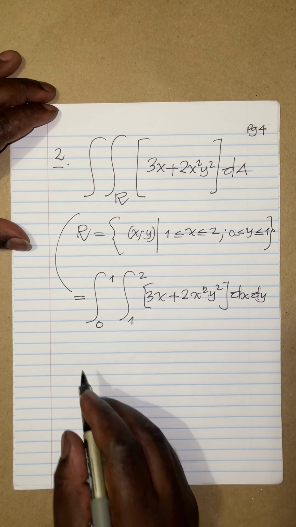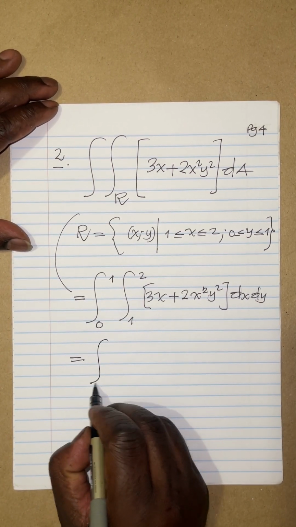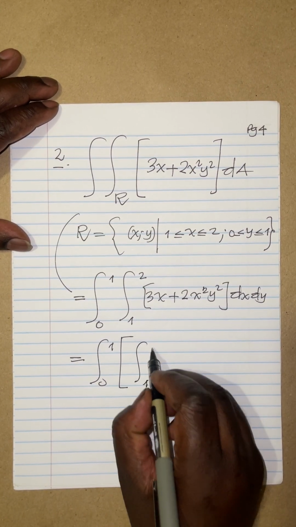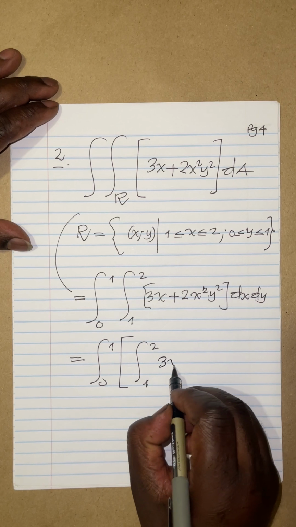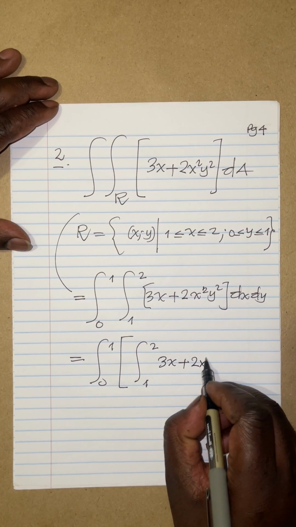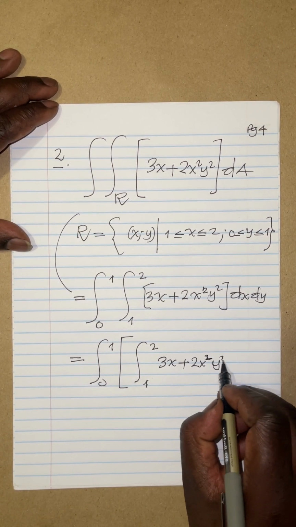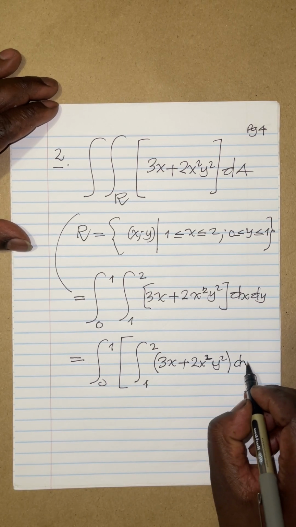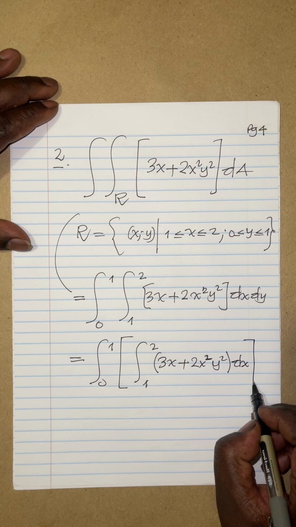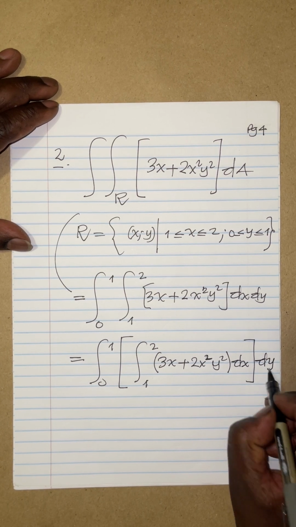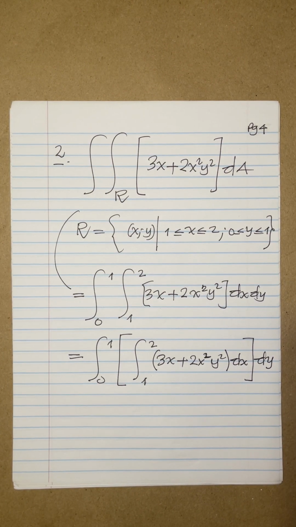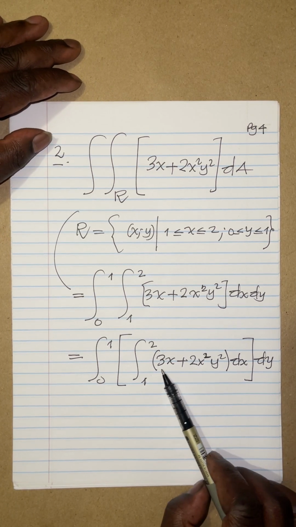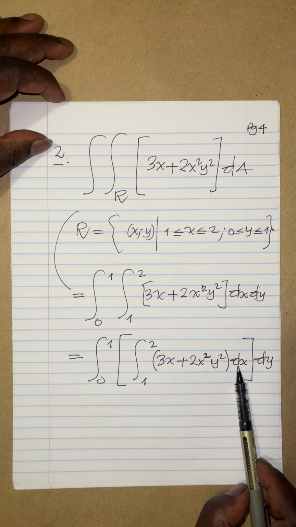So we're now saying this is equal to the integral from 0 up to 1, let me use brackets there, integral from 1 up to 2 of 3x plus 2x squared y squared, and we're integrating this with respect to x first, and then we will end up with the integration with respect to y, like that.